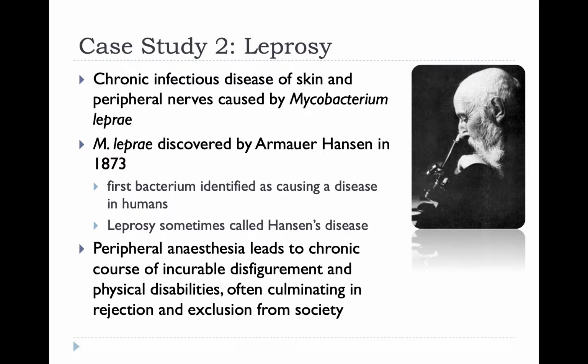You tread on a stone or a needle or a nail or something, and it makes a lesion in your leg. You don't know anything about it. The thing festers, causes tissue damage. It's not the actual organism itself that's causing the damage. It's the fact that when you have no feeling at all in your hands or your feet, you just keep damaging yourself as you go about your day-to-day business.